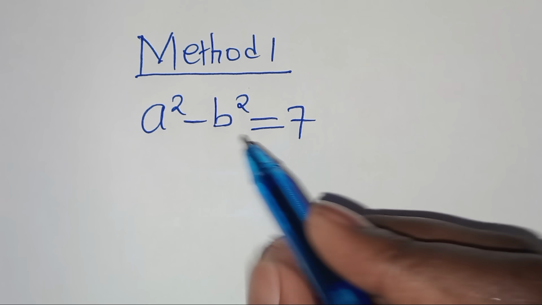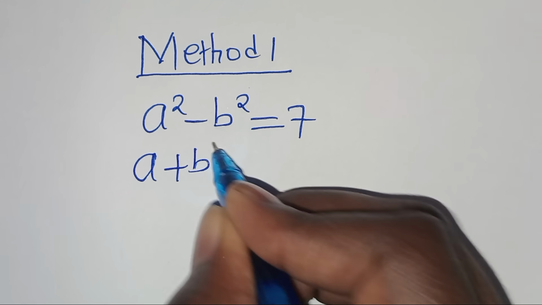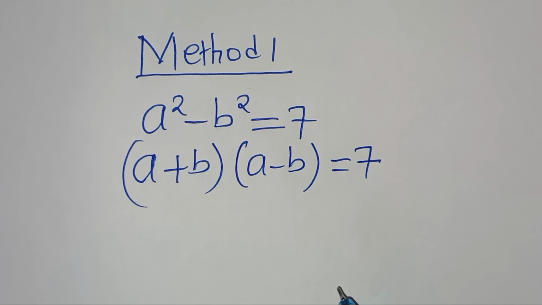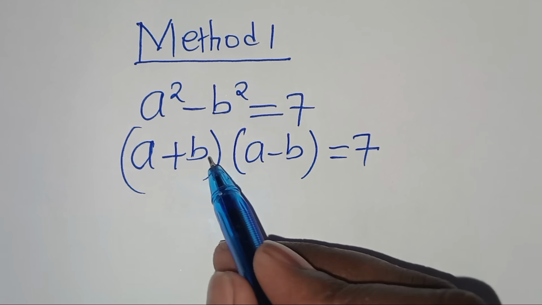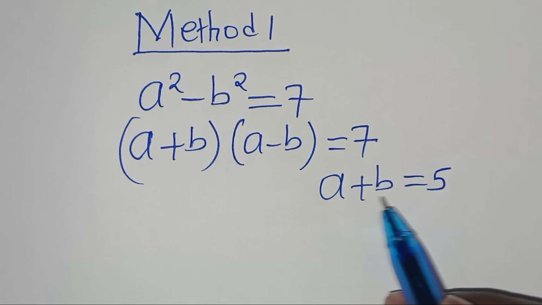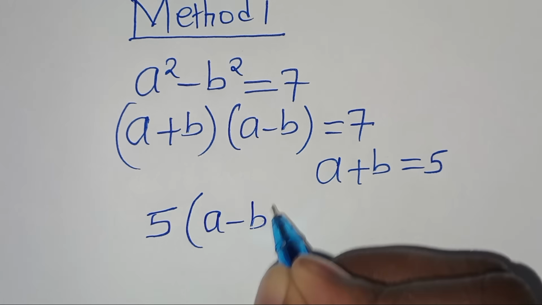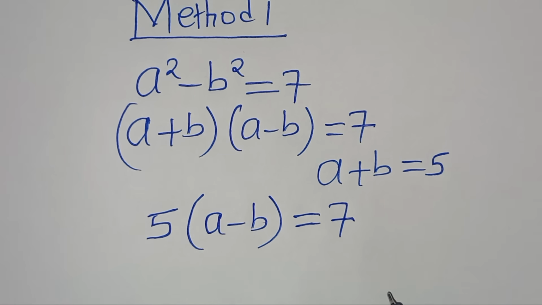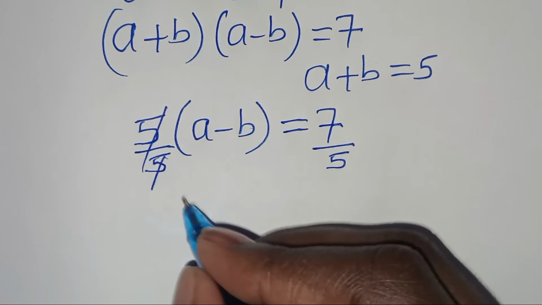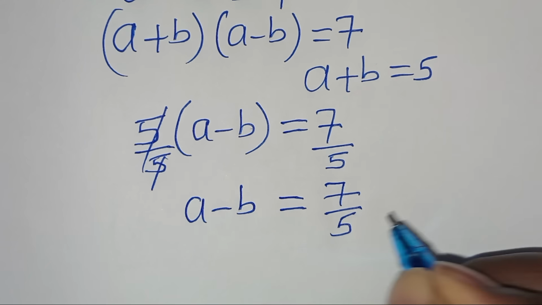Now we have a squared minus b squared, the difference of two perfect squares, which we can express as a plus b multiplied by a minus b, and this is equal to 7. We have from equation 1 that a plus b is equal to 5. So let's substitute a plus b with 5, so that we have 5 multiplied by a minus b equal to 7. Let's divide both sides by 5, and this implies that a minus b is equal to 7 over 5.